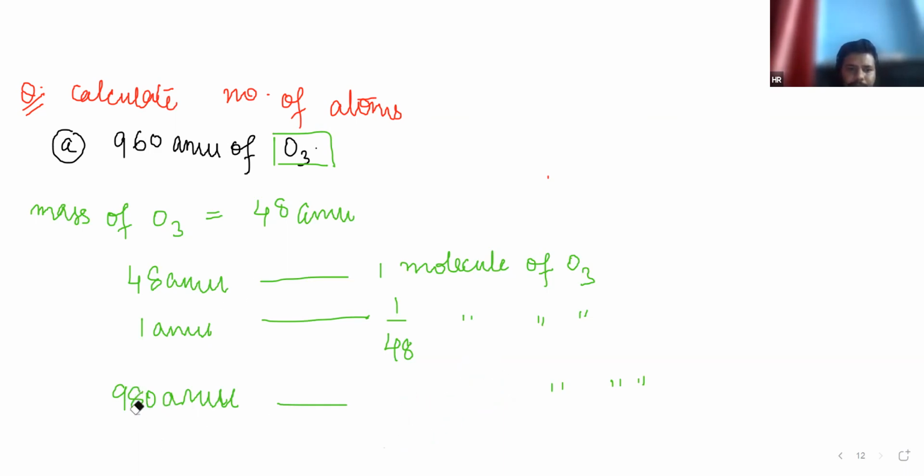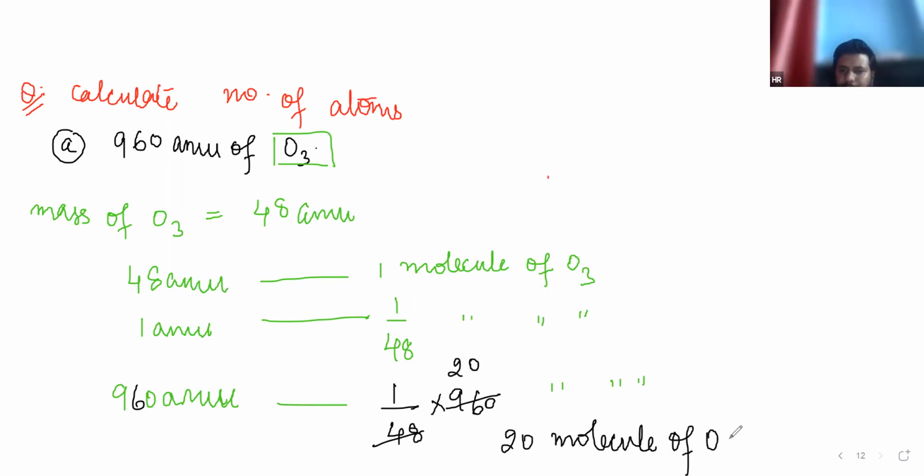Otherwise, it will become a decimal or fraction. It won't look good. That's why 1/48 into 960, and it will be cancelled in 20 times. So here what we got is 20 molecules of O3.